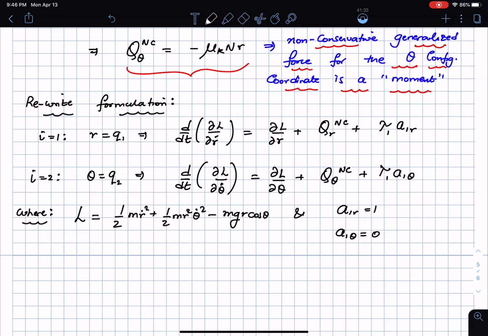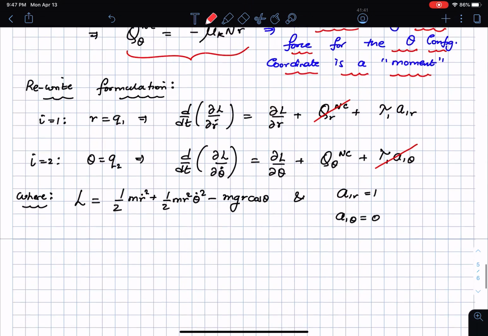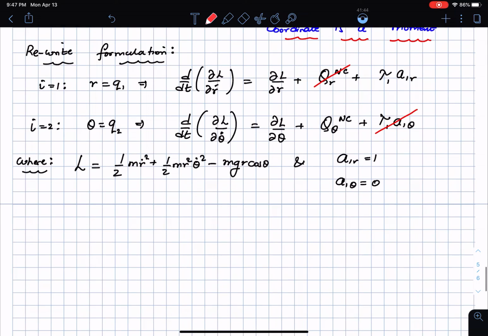Let's start knocking off some of these terms. This term is going to vanish, so that's gone. A1 theta is also going to vanish. Then I start doing the partial differentiations. For i equal to 1, look at the Lagrangian, there is a term containing r dot. Do not do the substitution yet.